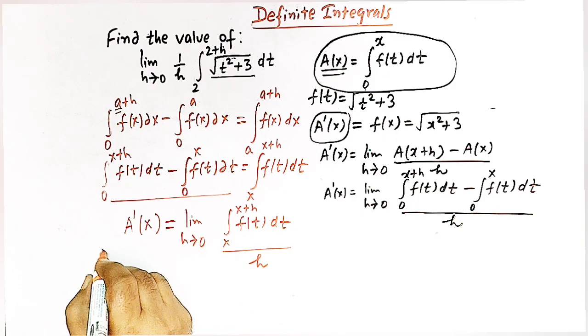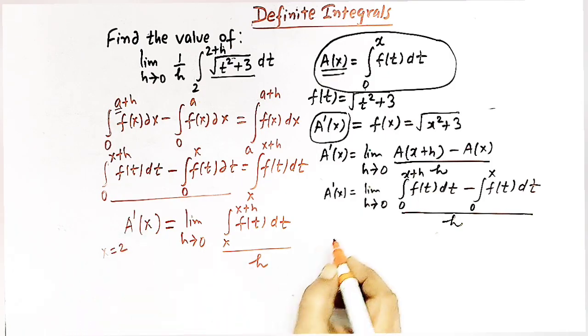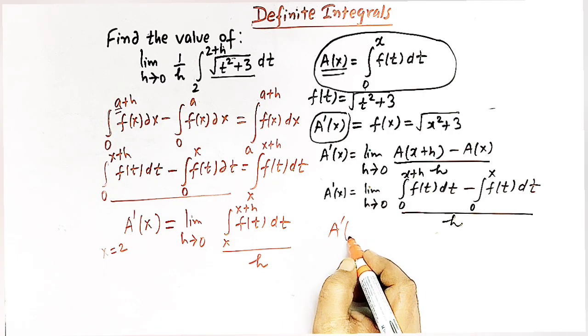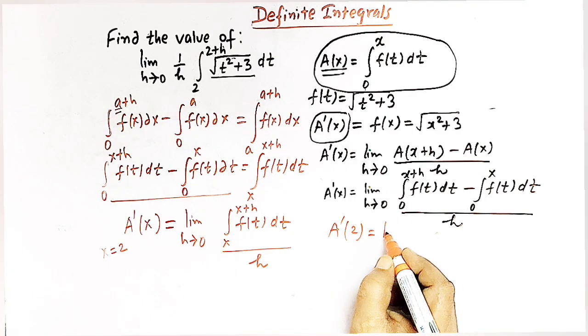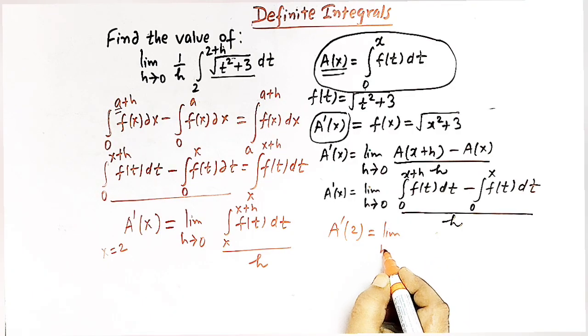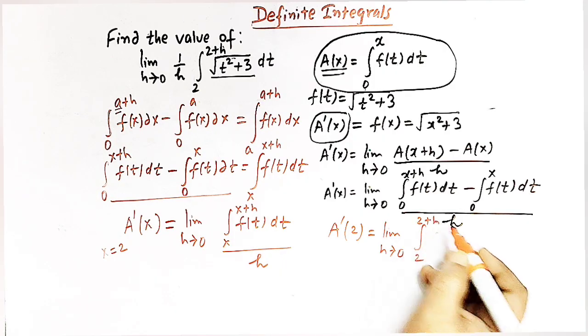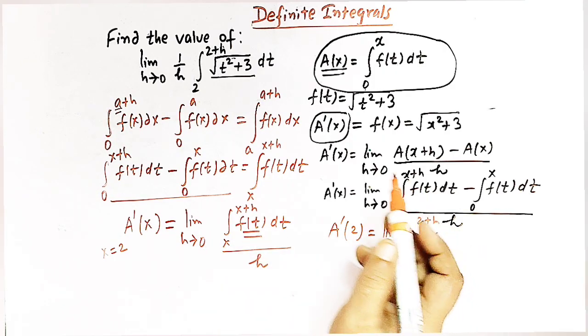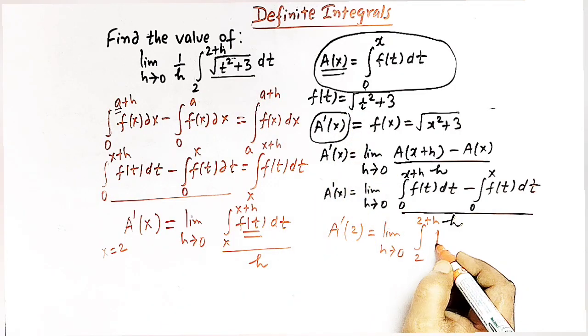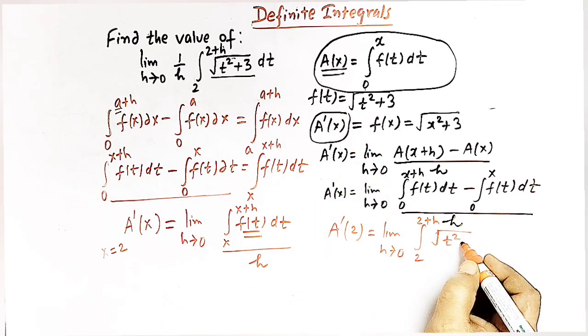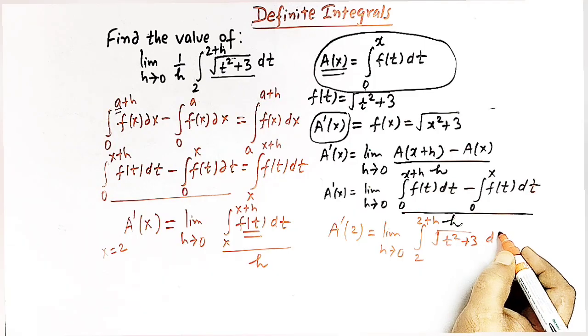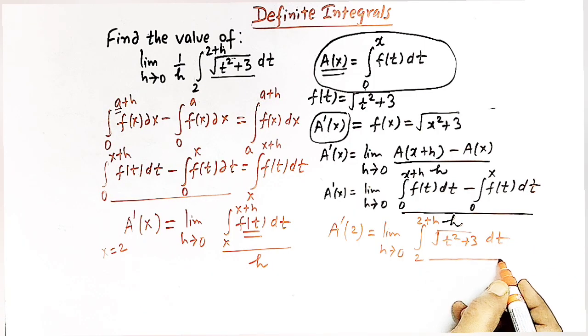So replacing x by 2, we can now write A prime of 2 is equal to the limit as h tends to 0 of the integral from 2 to 2 plus h, and for f of t, we can now write square root of t square plus 3, dt, and in the denominator we have h, right?